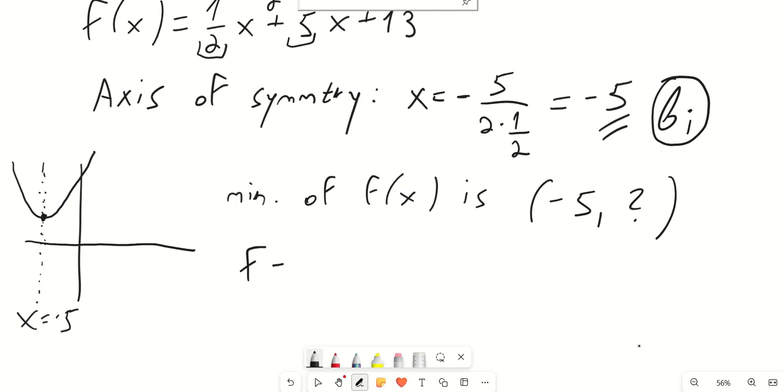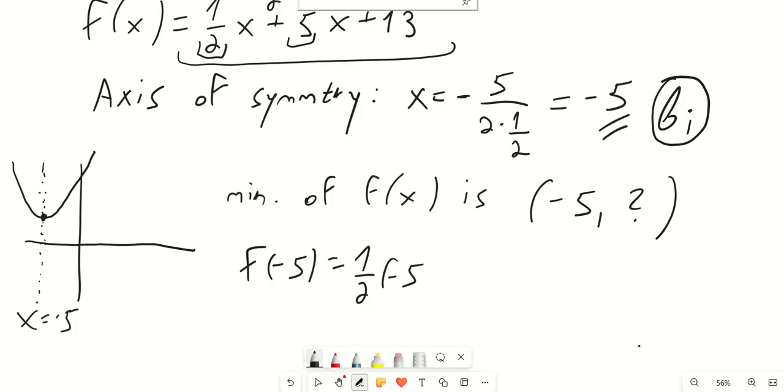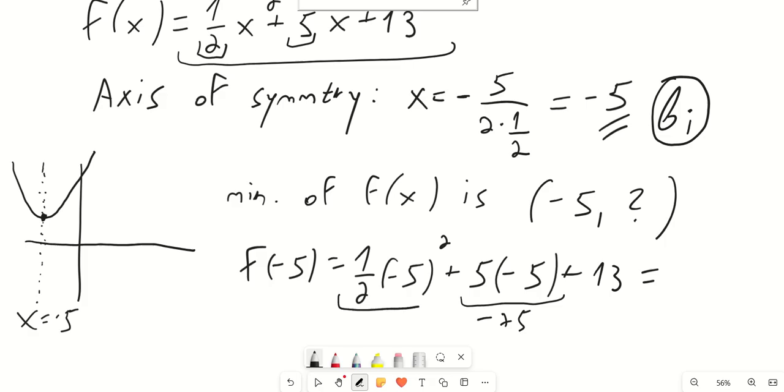Now I want to calculate this something, so I simply substitute -5 into the function. So I get half times -5 squared plus 5 times -5 plus 13. So this is 25, and this is -25, and this is 12.5.